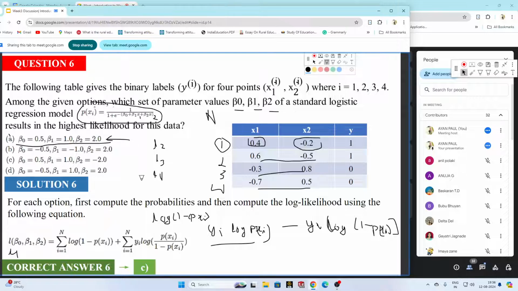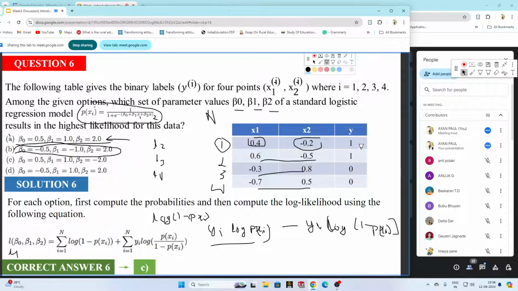How can L2 be found? L2 can be found when you take all these beta values: beta naught equals minus 0.5, beta 1 equals minus 1, beta 2 equals 2, with x1 equal to 0.4 and x2 equal to minus 0.2, and you find p(xi).